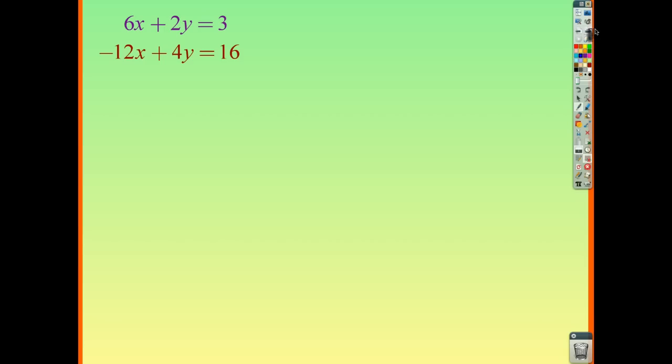In this case, this one looks to me like it might be a little bit easier to use elimination, because I can either eliminate the y's or eliminate the x's. I would choose to eliminate the x's only because this one is positive, this one is negative, and this one is positive, and I can multiply this by 2 to get to 12. So I'm going to multiply this one by 2, and I get 12x plus 4y equal to 6.